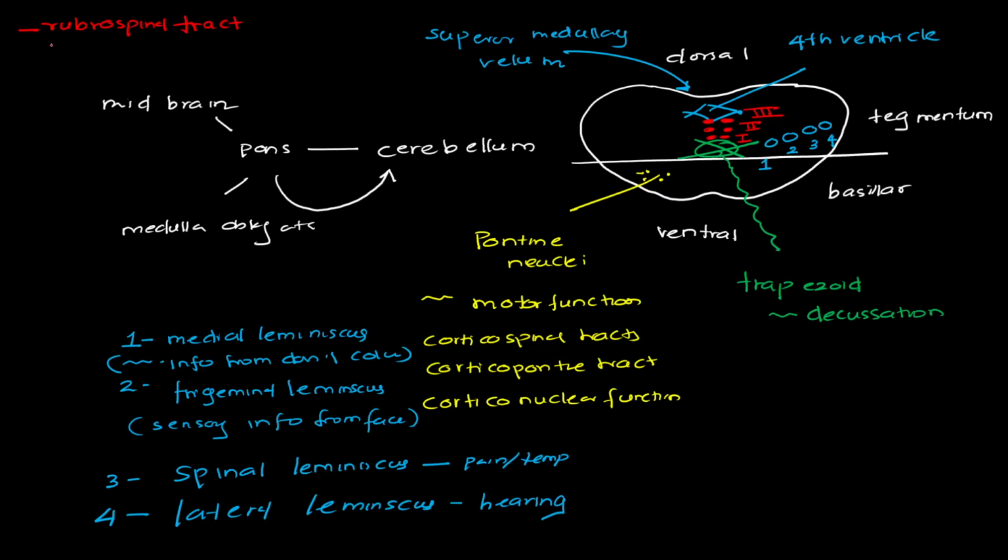Good. Then that's one. Then there's the tectospinal tract. What does the tectospinal tract do? Tecto means it comes from the tectum. Tectum means that it is from the midbrain, from the superior colliculus and the inferior colliculus. So, auditory colliculus.